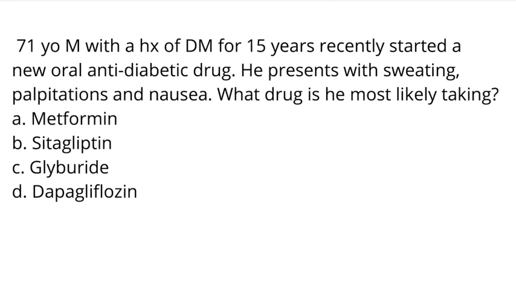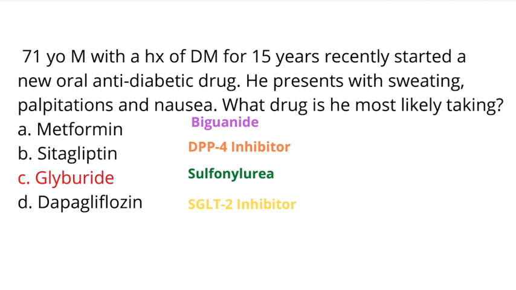So here we have an elderly male experiencing symptoms of hypoglycemia, such as sweating, palpitations, and nausea. So we have to know which anti-diabetic drug is more likely to cause hypoglycemia in the elderly. And the answer here is option C, glyburide, which is a sulfonylurea.